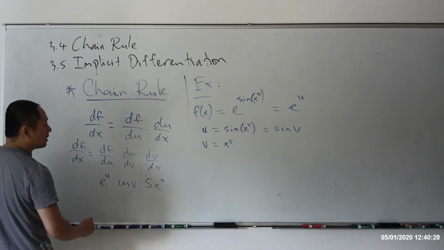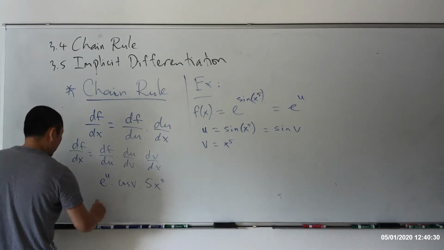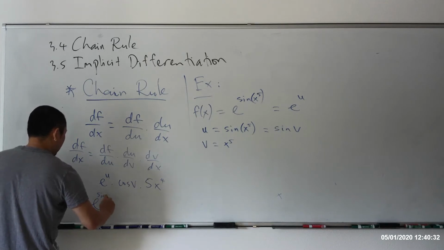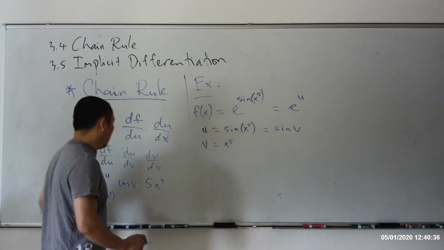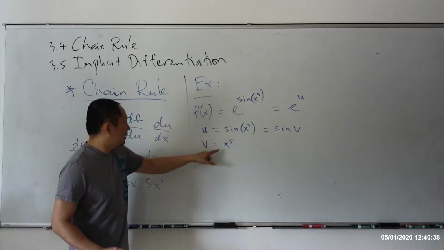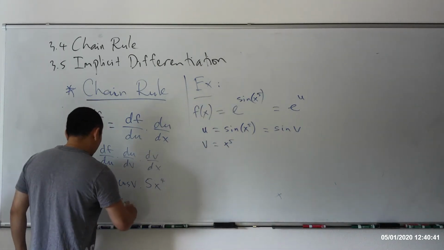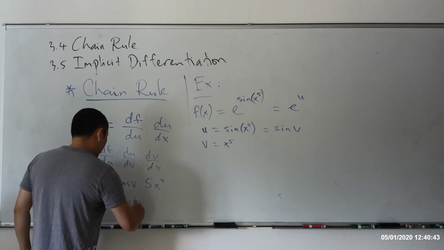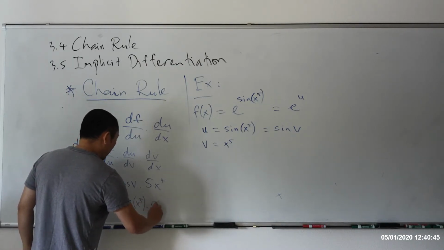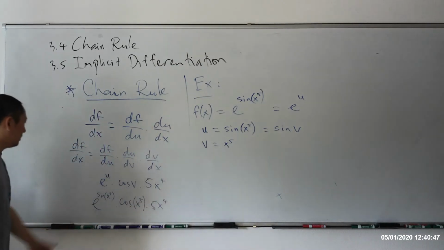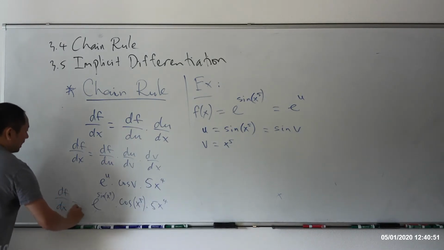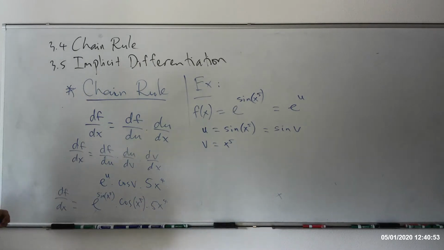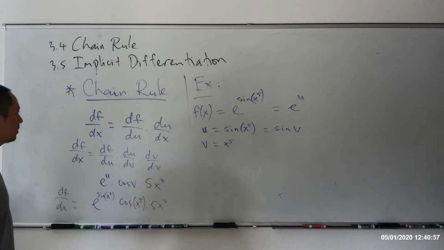E to the u is e to the sine x to the 5th, times cosine of v, v is x to the 5th, so cosine of x to the 5th, and then times 5x to the 4. See, you have the answer. This is df over dx. And you see the use of the Leibniz notation is pretty powerful. It helps you to see the chain rule much better.